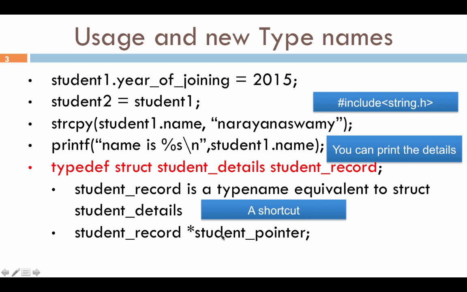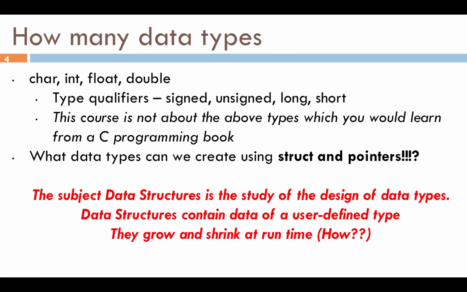Therefore, the pointer to a data type is also a data type. You will become familiar with this concept as you go through this course, but if you have a confusion, go back to what I have said earlier and it should become clearer.